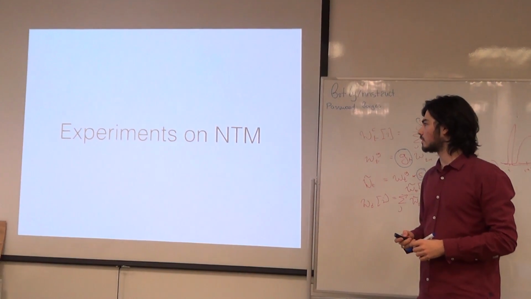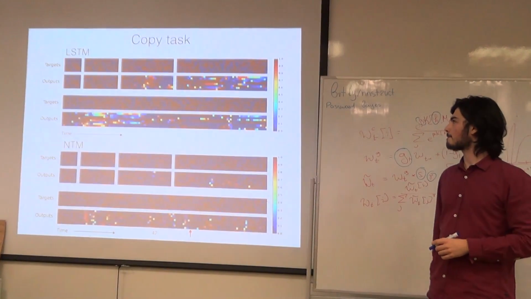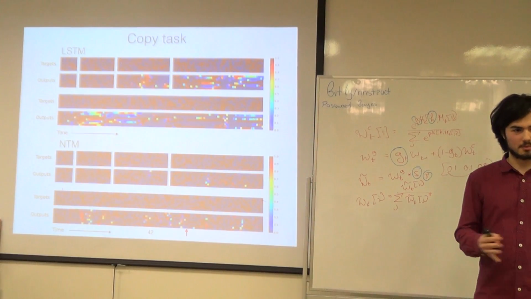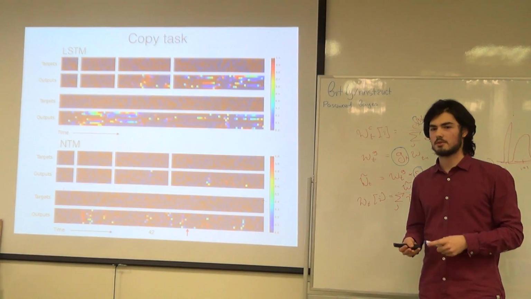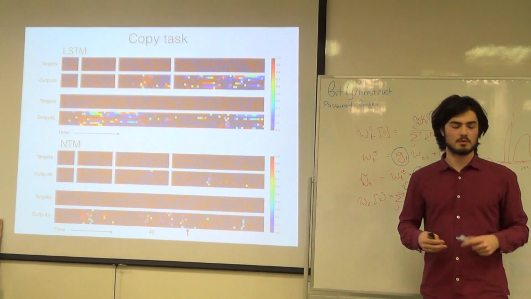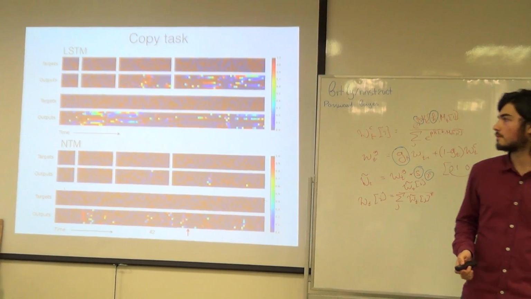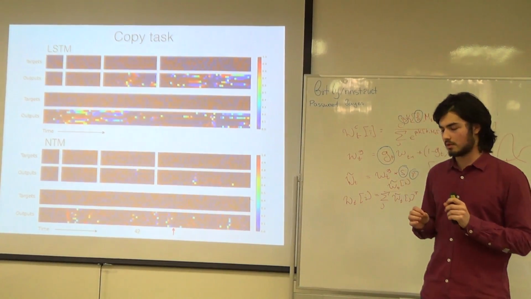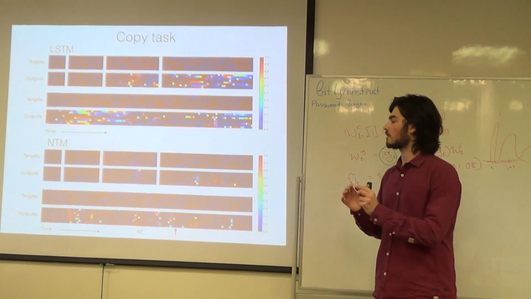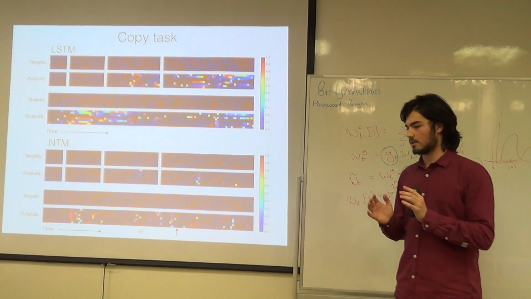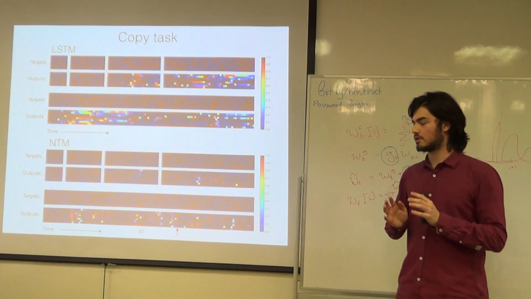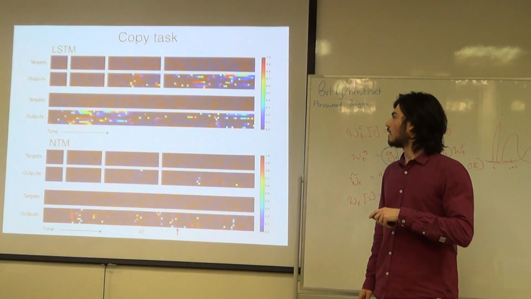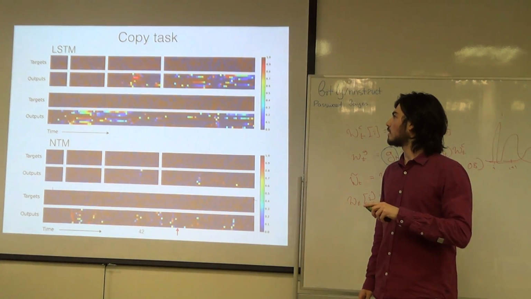Alright, so let's consider some examples. First of all, it is the copy task. In the copy task, you are provided some sequence, and you are asked to output the same thing that you got in the input. The networks were trained on sequences of length 20, and the authors were interested in whether the network can accommodate larger sequences.